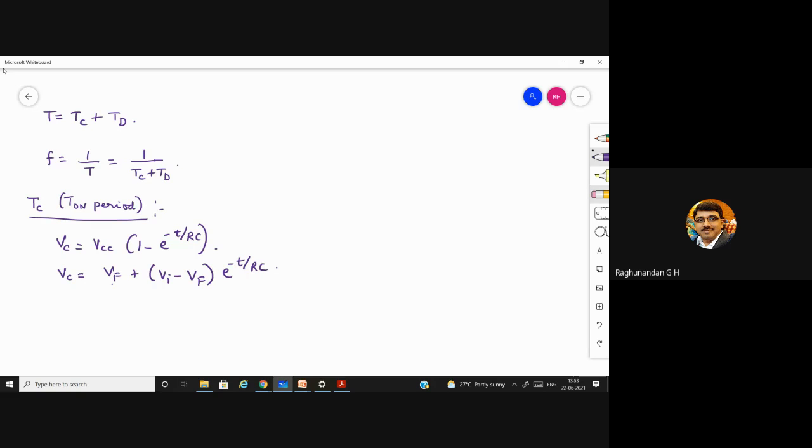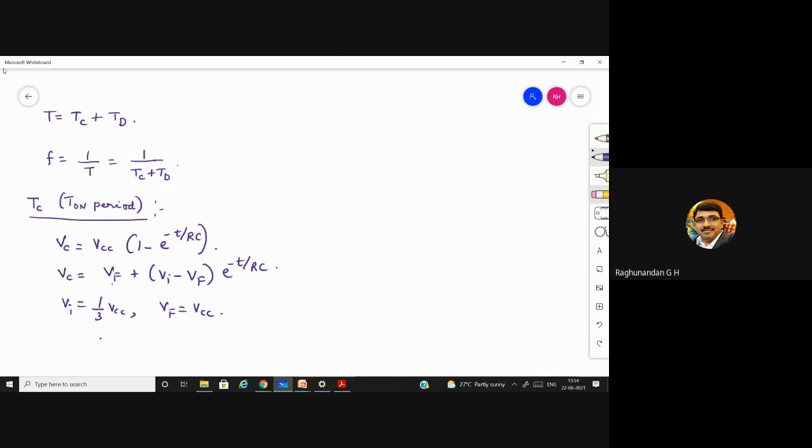As we know, the initial voltage Vi is 1 by 3 Vcc, and the final maximum value it can reach is the peak value of Vcc. To charge this capacitor, as we have seen in an astable multivibrator, it uses the path of Ra and Rb.